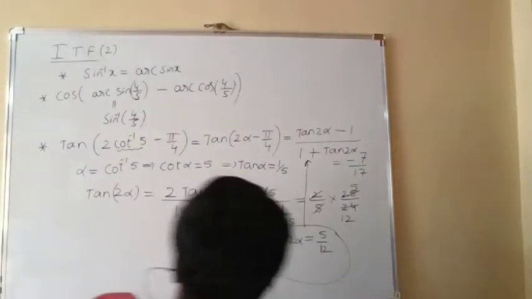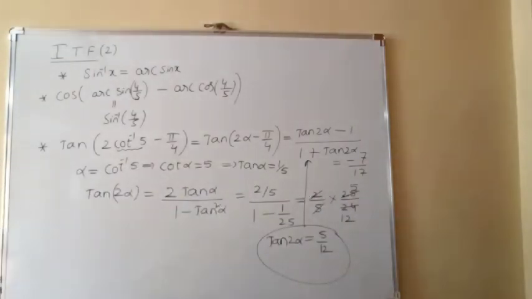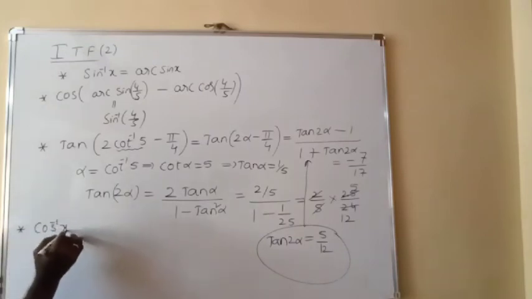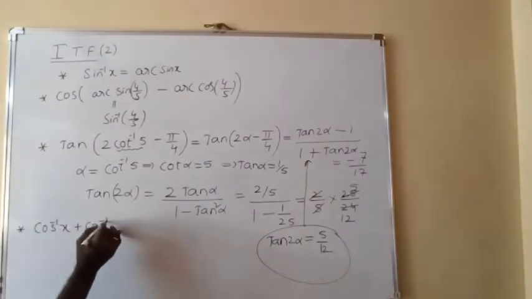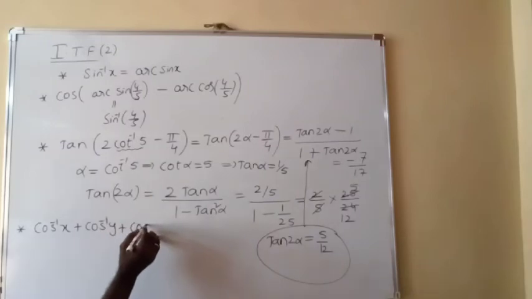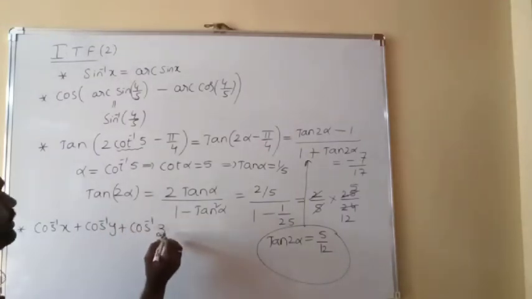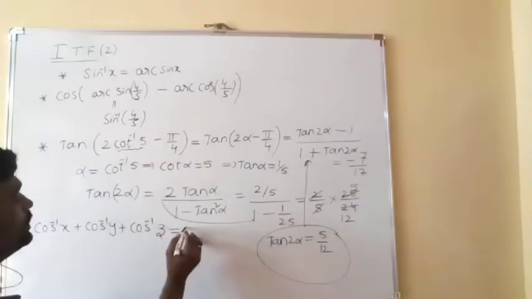And this is also a most interesting problem. It is given that cos inverse x plus cos inverse y plus cos inverse z equals 3 pi.